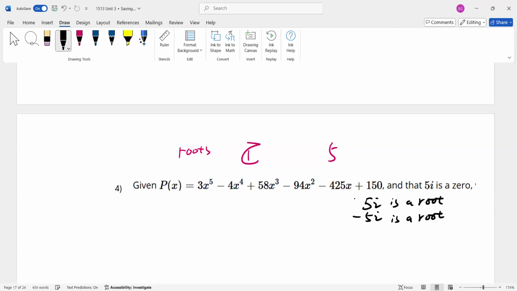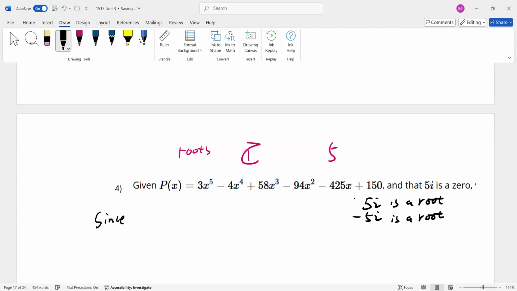Remember that? If a polynomial function has a non-real complex root, then the conjugate of that complex number is also a root. So the question tells us 5i is a root, which means 5i and negative 5i are both roots. Okay, so that's good.